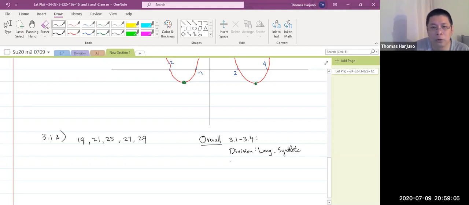And we have also learned the remainder theorem and the factor theorem, that's quite short, but very useful.